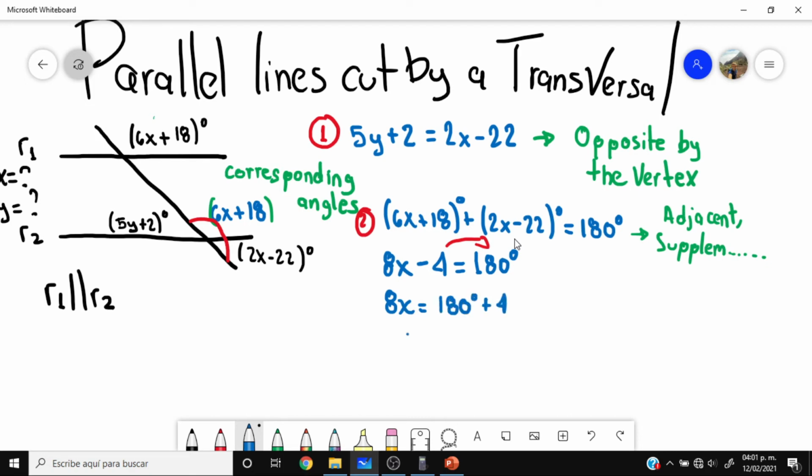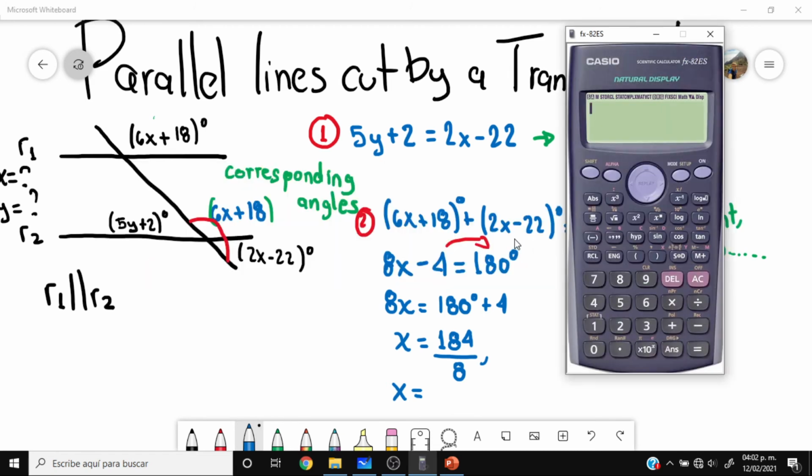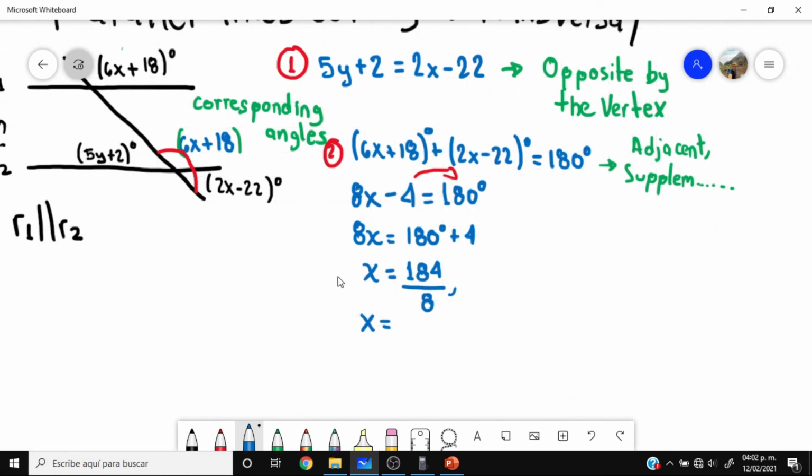So x equals 184 over 8. So x equals, how much is that? Well, let's get the calculator. 184 over 8 is 23. I'm going to circle this one.